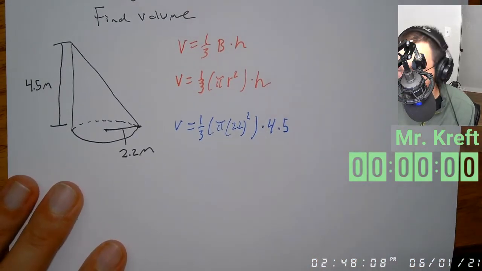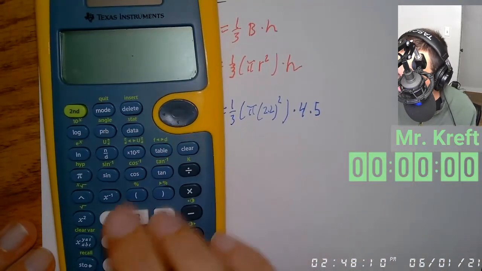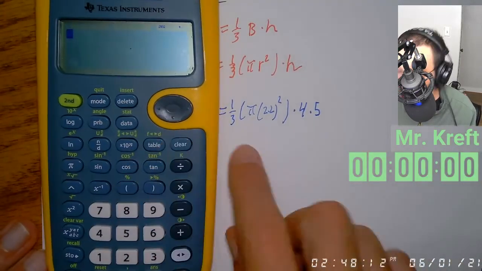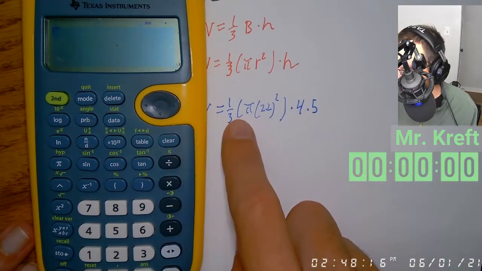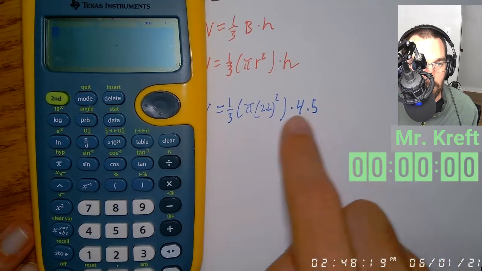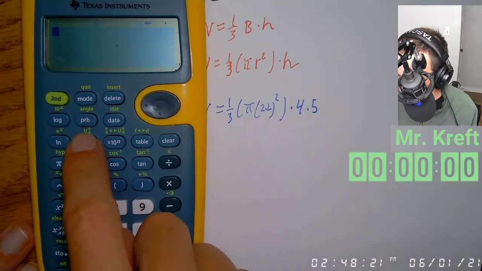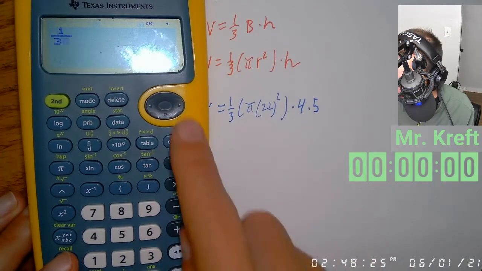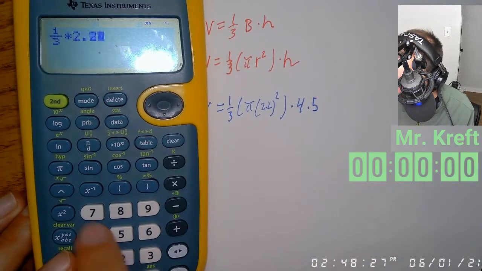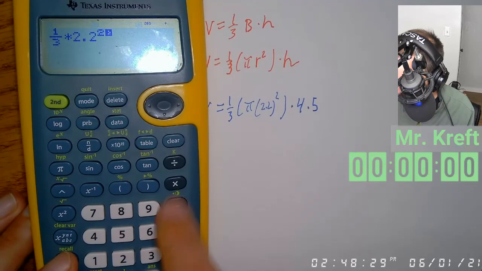Okay. So I grab my calculator. Now, a pro tip here, when we're multiplying, one way to get an exact answer is don't include the pi. Since it's all multiplication, just do the numbers. What I mean by this is I can go 1/3 times 2.2 squared.